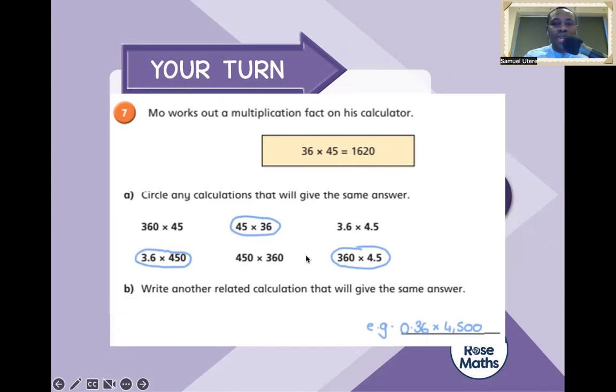These calculations would give the same answer. Why? Because you've simply made this 10 times bigger, but again, you have made that 10 times smaller. So the effects negate each other, or cancel each other out. This one, you've made this 10 times smaller, but this one, you've made this 10 times bigger. So the calculation will stay the same.